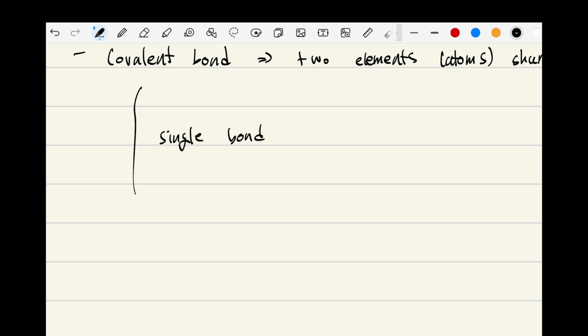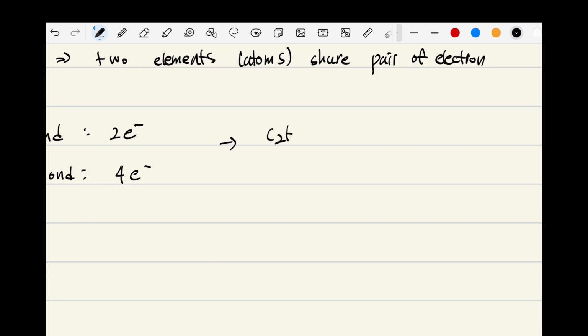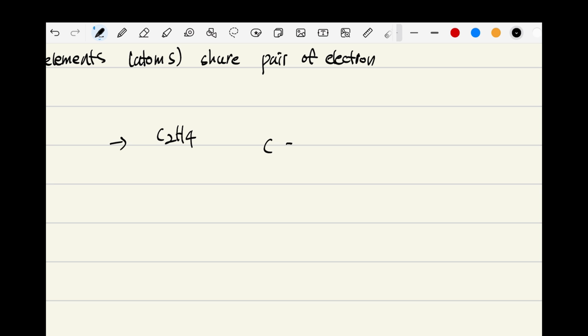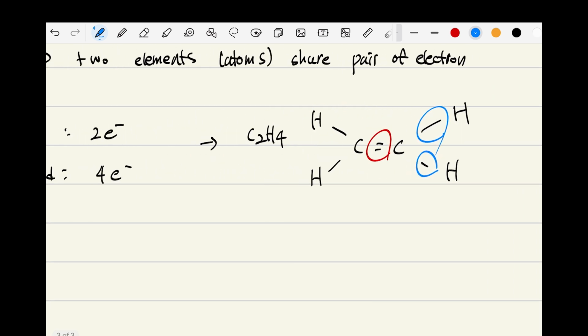The first one is a single bond, and the second one is a double bond. For a single bond, they share 2 electrons, and for a double bond, they share 4 electrons. We can see this in C2H4, where between the 2 carbons they form a double bond, and between carbon and hydrogen they form single bonds.